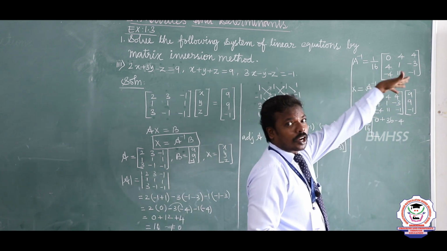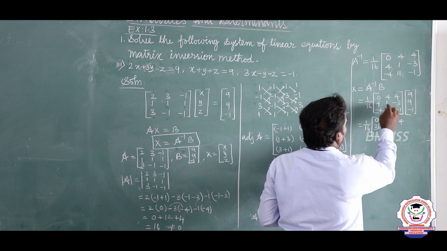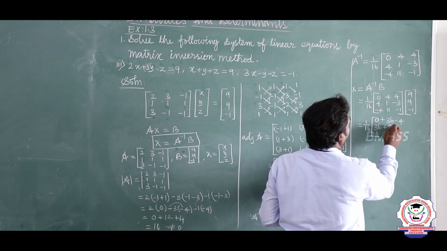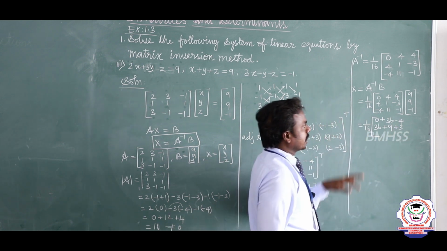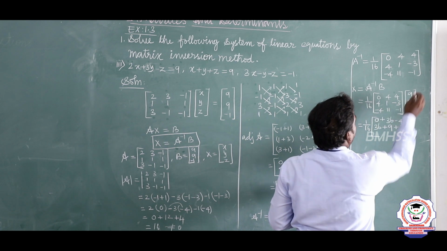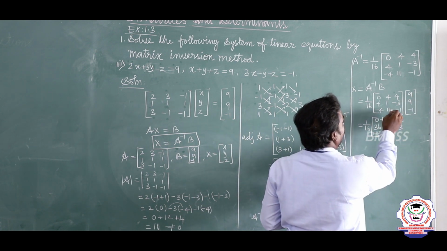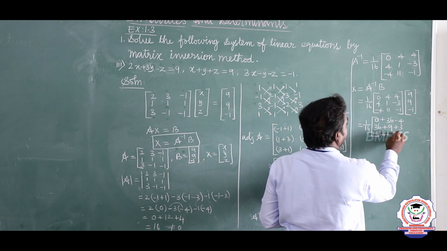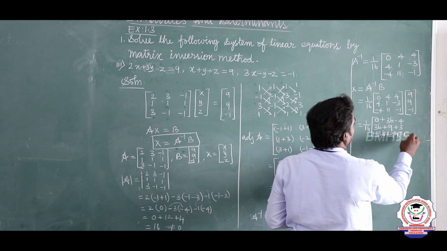The second row operates on the same column matrix: 4 nines are 36, plus 1 nine is 9, and minus 3 into minus 1, plus 3. You understand? The third row operates on the column matrix: minus 4 into 9, minus 36, and plus 11 into 9, plus 99, and minus 1 into minus 1, plus 1.